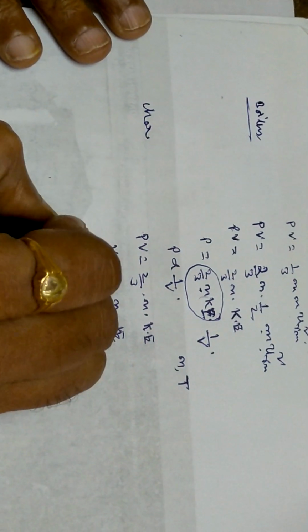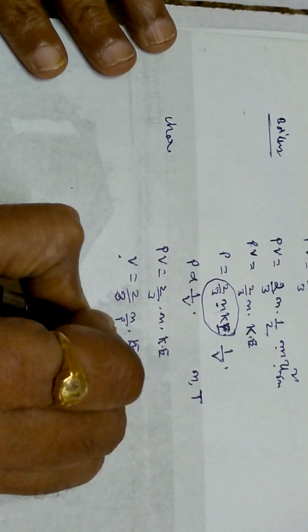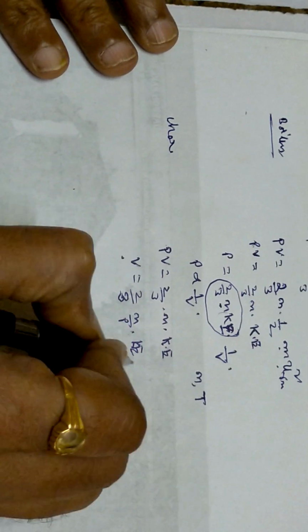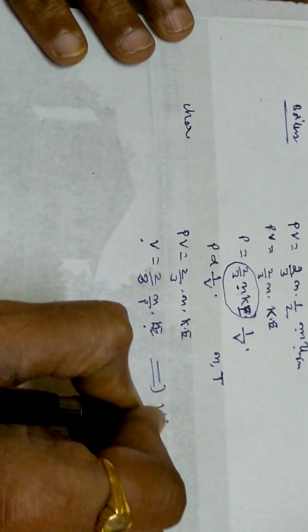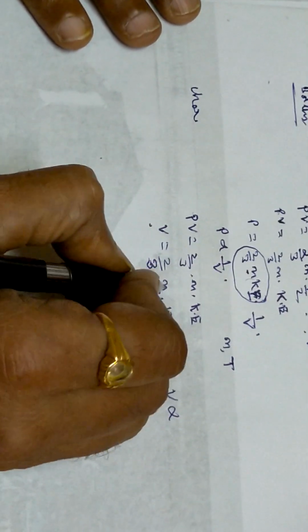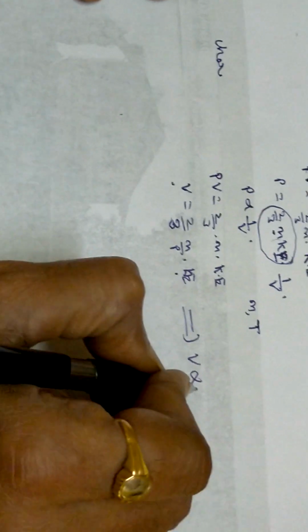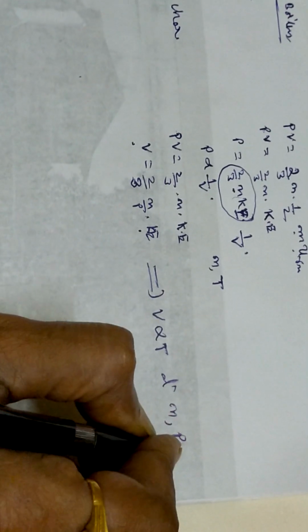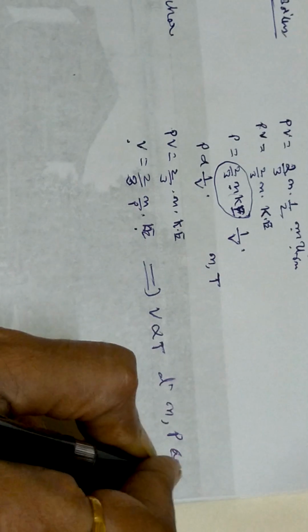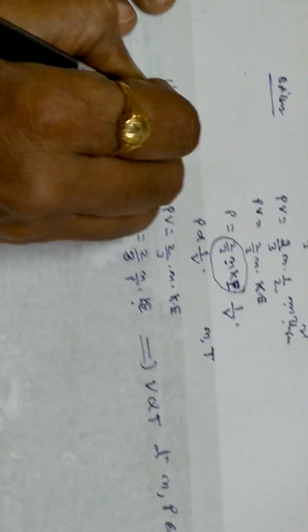Now what is Charles's law? V is directly proportional to temperature. Kinetic energy is proportional to temperature, so that implies V is directly proportional to temperature at constant n and P. Charles's law holds good.